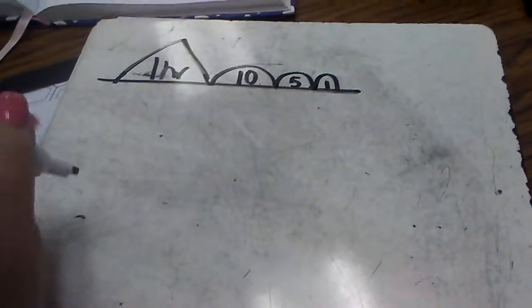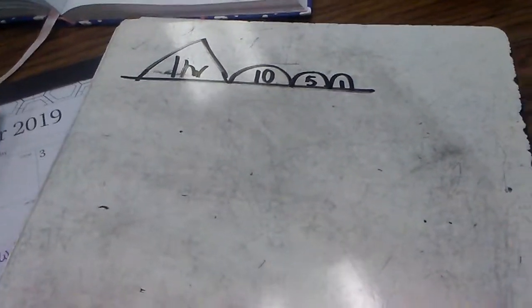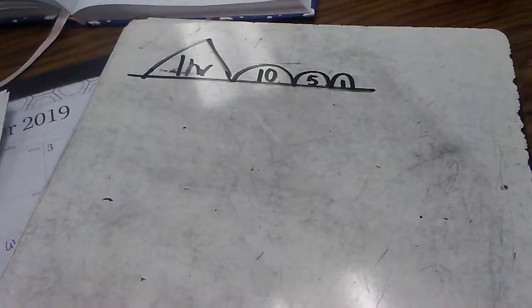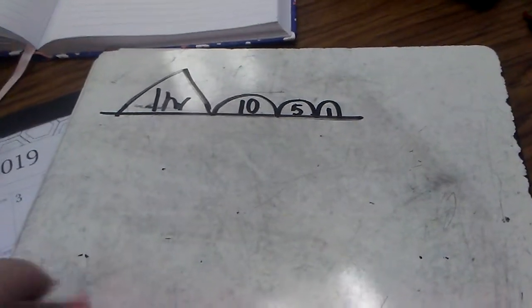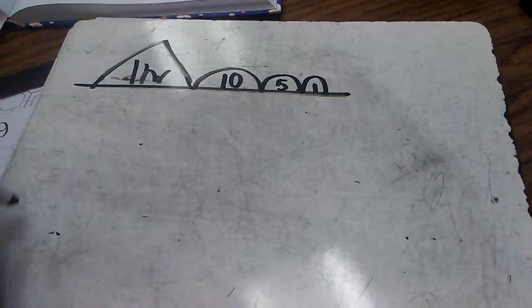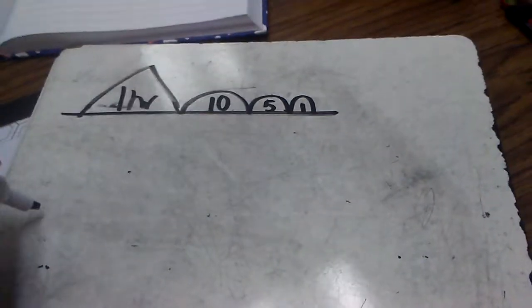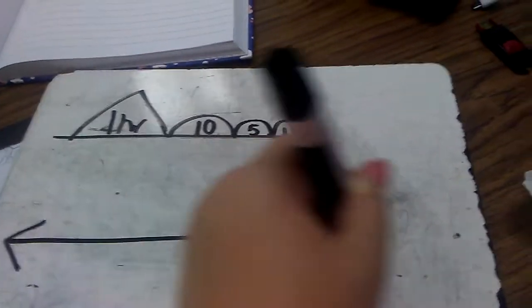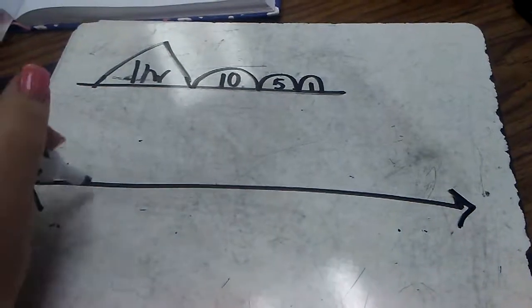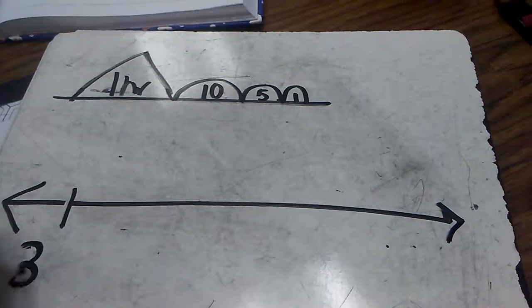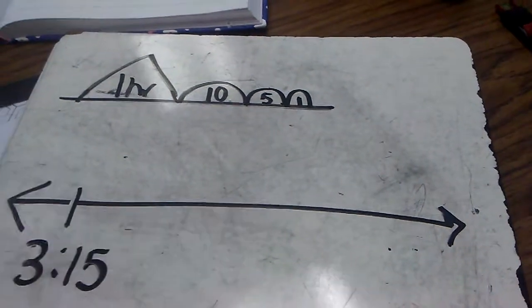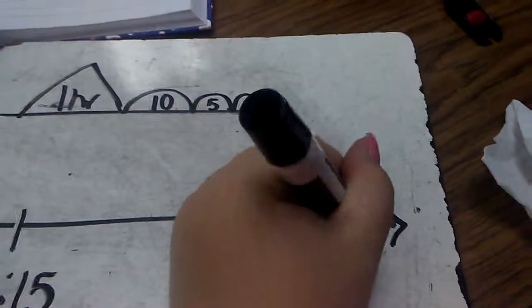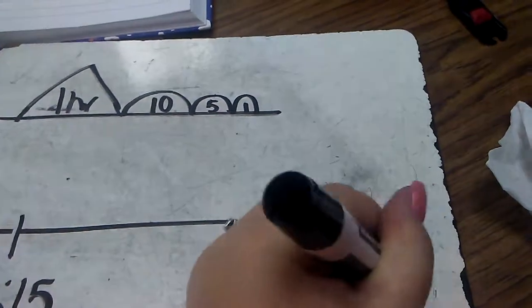So let's say Monica went to the store at 3:15 and she returned home at 4 o'clock. How long was Monica at the store? So starting with my number line, she went to the store at 3:15 and she got back at 4 o'clock.